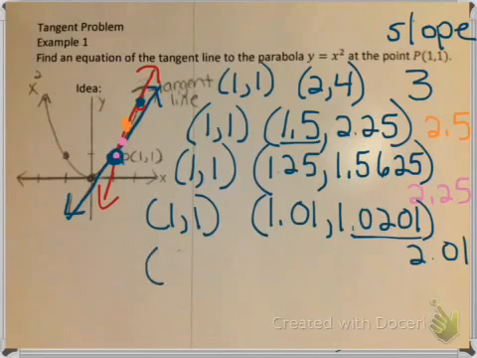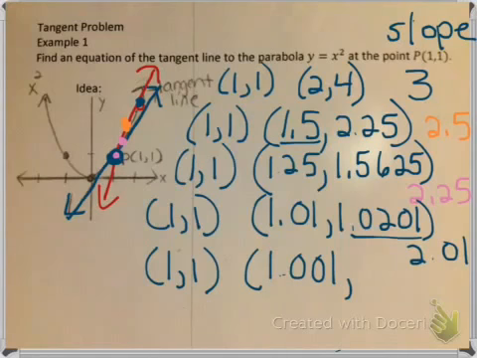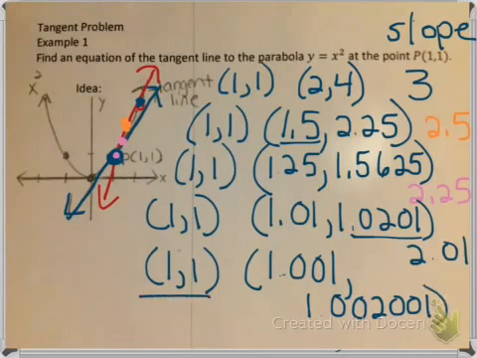I'm going to do one more. If I go (1, 1) and (1.001, 1.002001), the slope comes out to be 2.001.